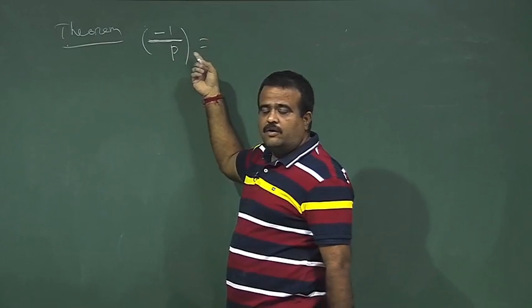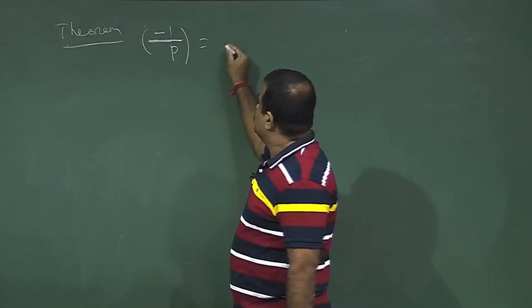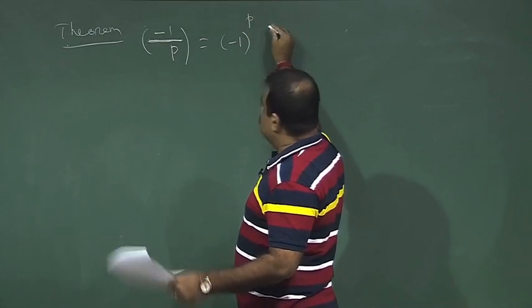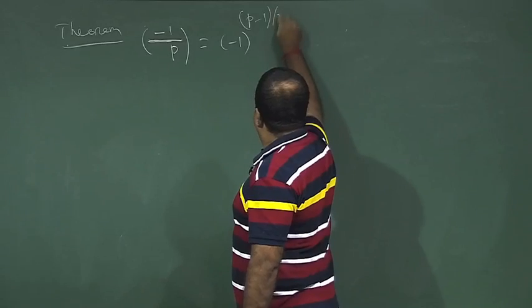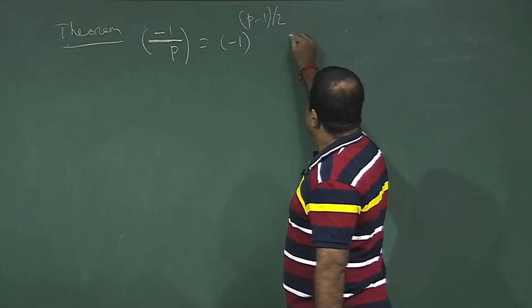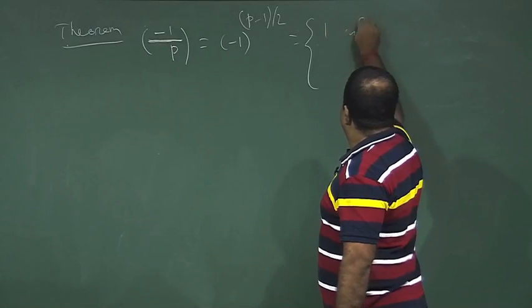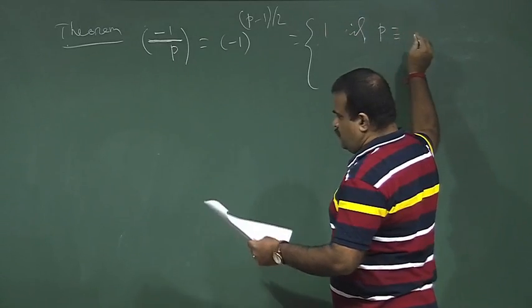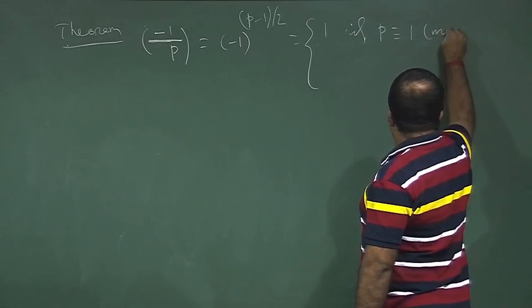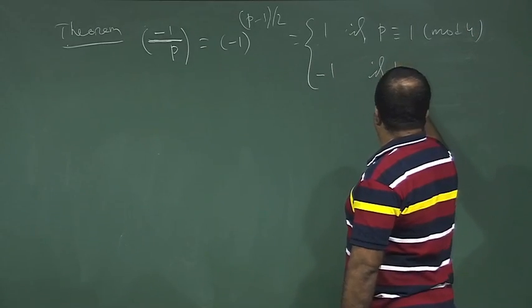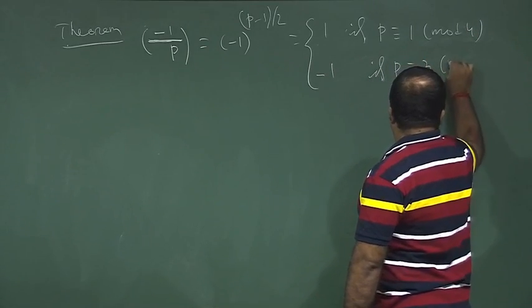By Euler's criterion, this is minus 1 to the power (p minus 1)/2 mod p. So, this is 1 if p is congruent to 1 mod 4, and it is minus 1 if p is congruent to 3 mod 4.